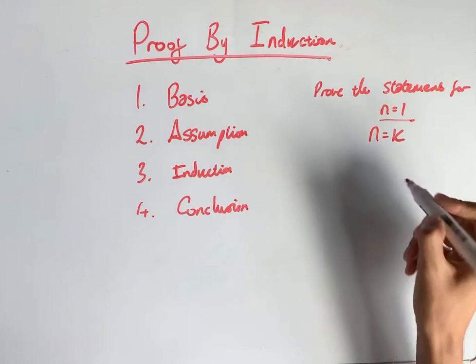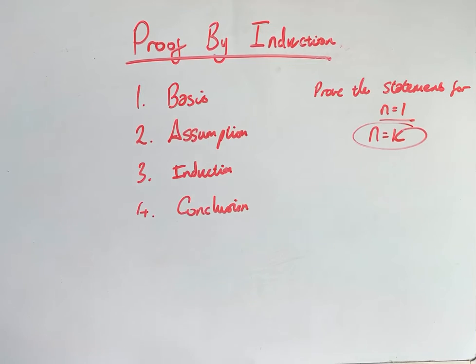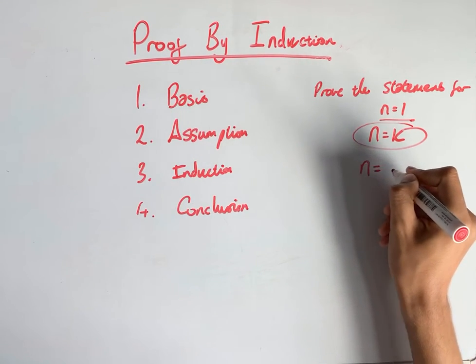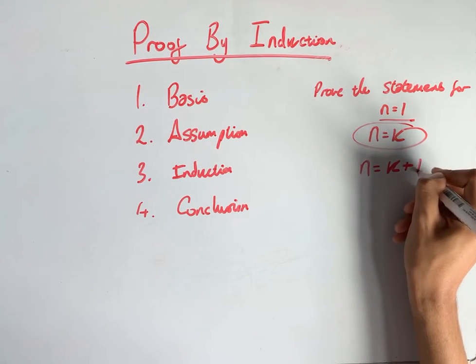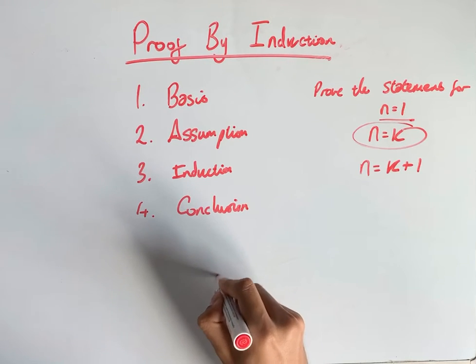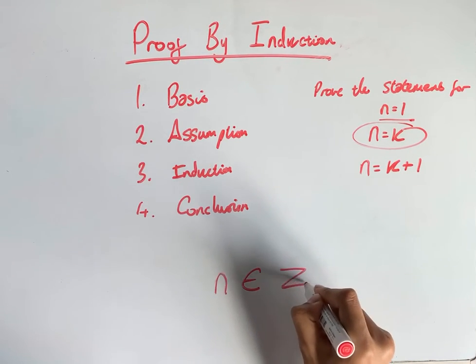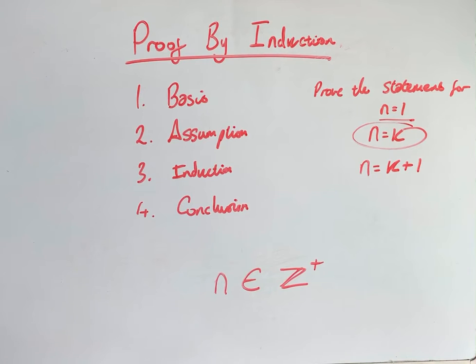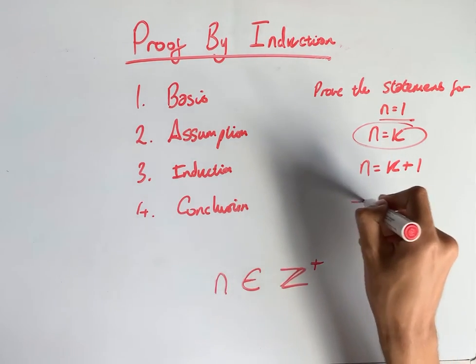Now, your induction uses this assumption to then prove that the statement holds for n equals k plus 1. And if we know it's true for one value, and we know that it will always be true for k plus 1, given that it's true for n equals k, then that means we can prove that it's true for all n in the set of Z plus by mathematical induction. And we just go over what leads us to that proof in our conclusion.